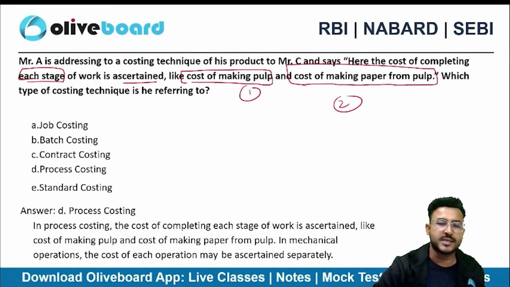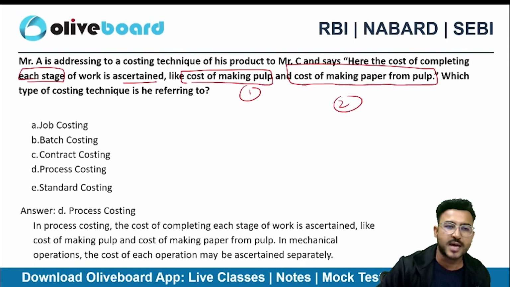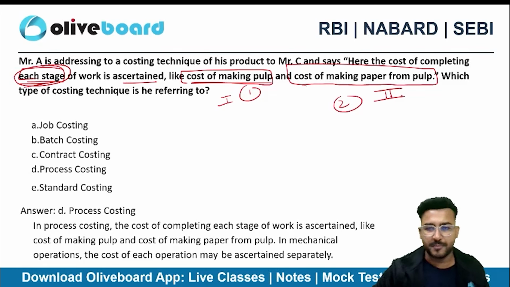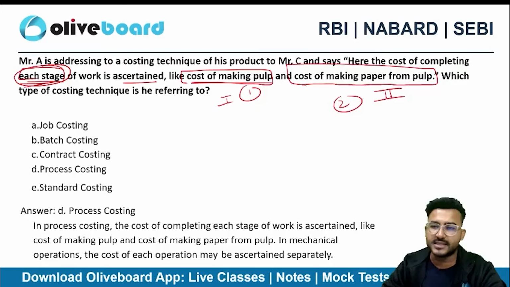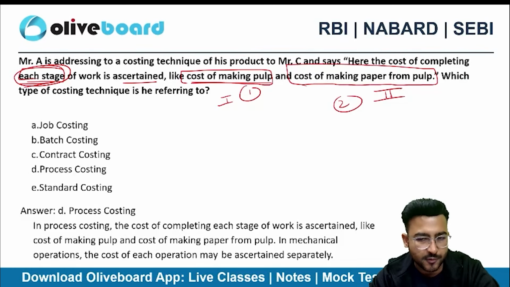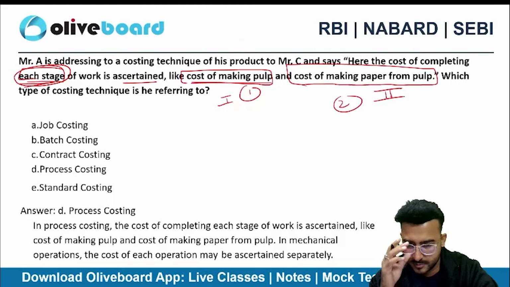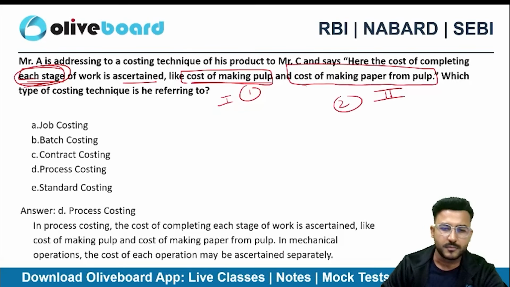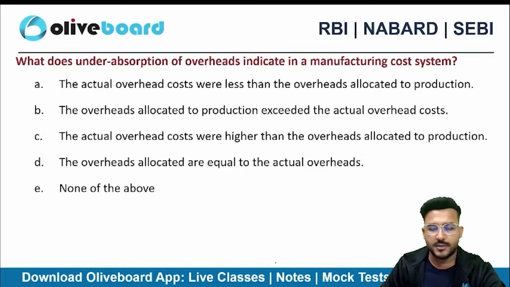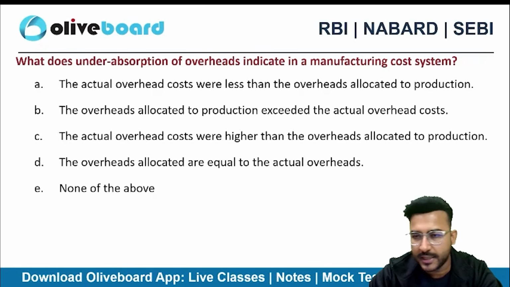That's process costing. Why? Because multiple processes are involved, right? Like first we make the pulp, then we make the paper from the pulp, right? So I can see that there are two processes which are involved in this particular business, right? So that will be process costing, option D.